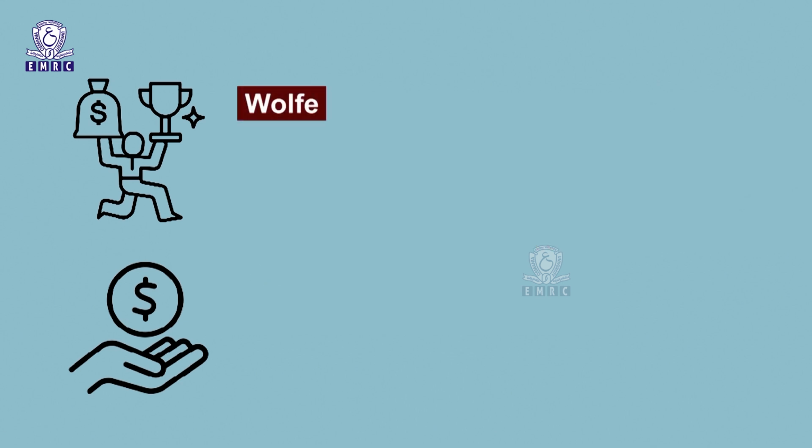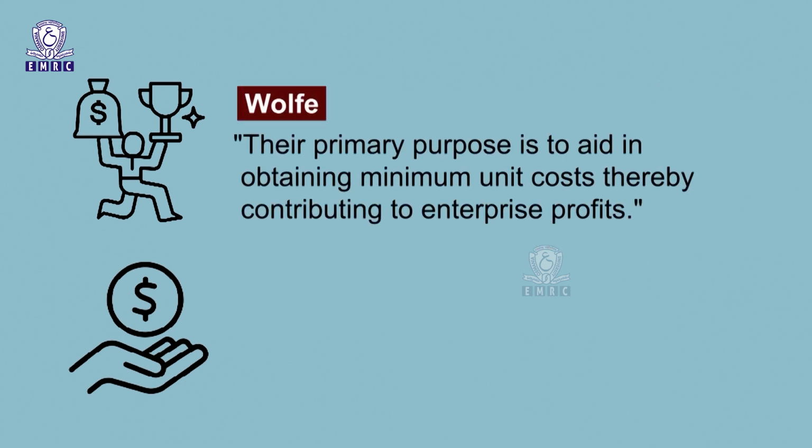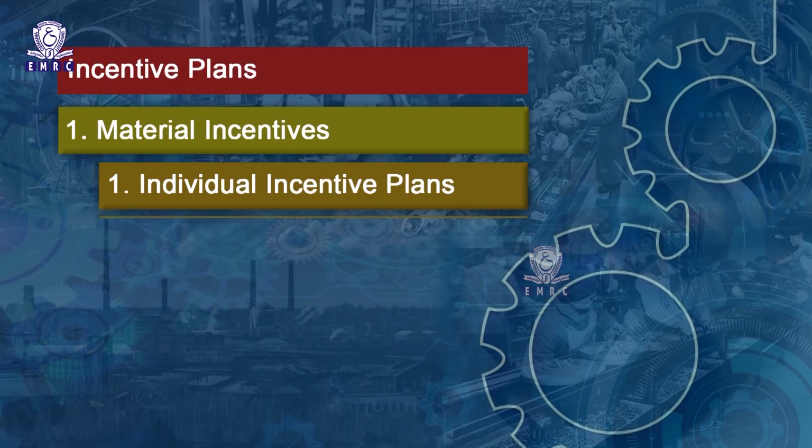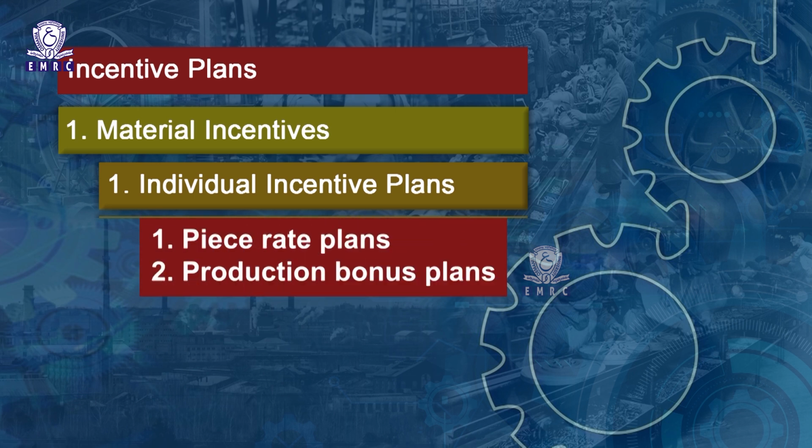And according to Wolf, their primary purpose is to aid in obtaining minimum unit cost, thereby contributing to enterprise profits. So, these individual incentive plans can be categorized into piece rate plans and production bonus plans.